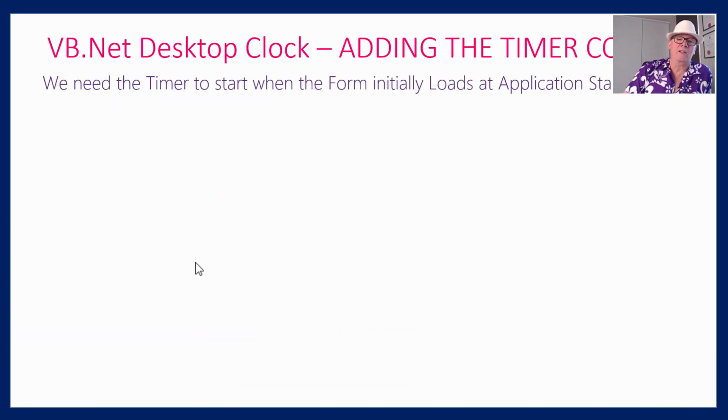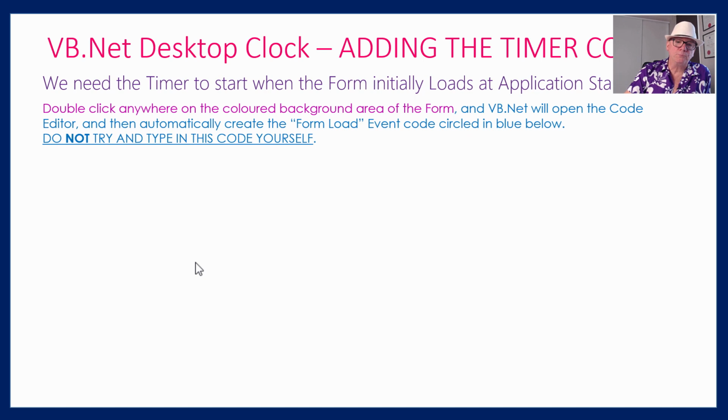Now we just need to add the timer coding that's going to actually make those names of the days and times and dates and everything appear. So double click anywhere in the colored background of the form, because we need something to happen when the form loads up, okay? We're not doing the timer itself yet, we're just doing when the form loads up.